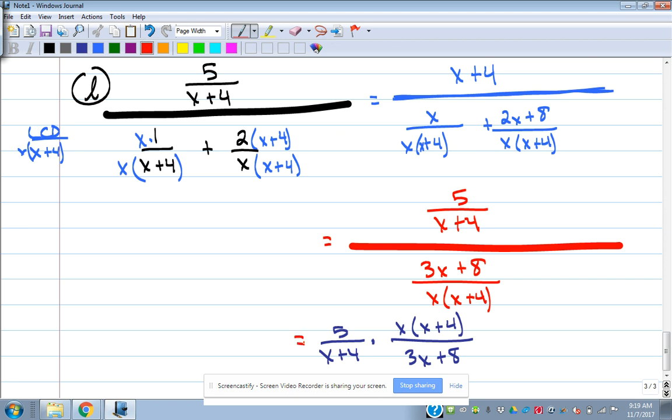And then the rules from yesterday's stuff: diagonally cancel x plus 4s. Nothing else will cancel, so it's just 5x over 3x plus 8.